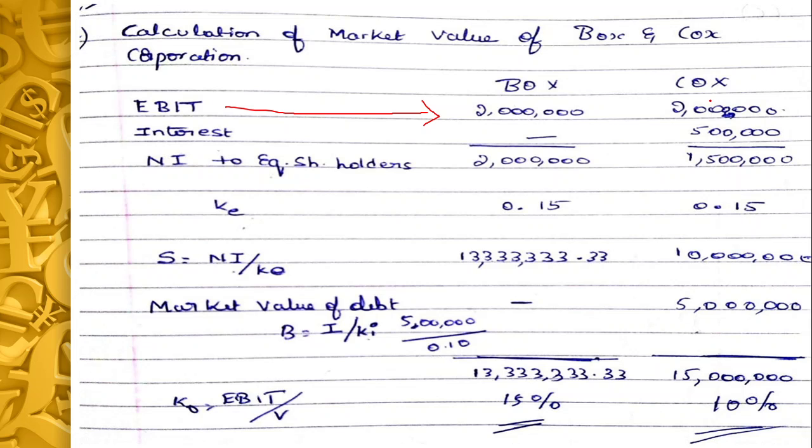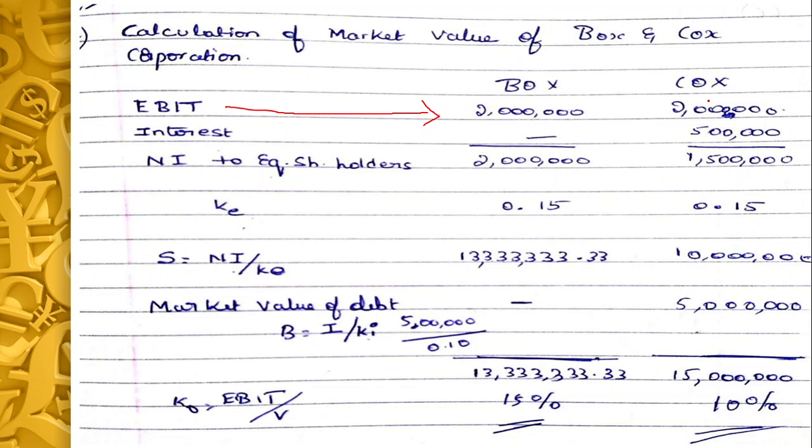So, I will give you enough time, please do take it down somewhere. Okay. Now, EBIT they have given in the question, which stands at 2 million each for both Box Corporation and Cox Corporation.